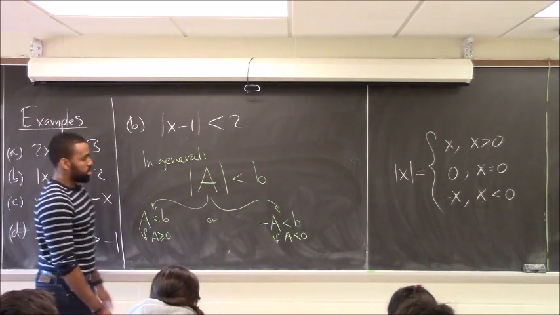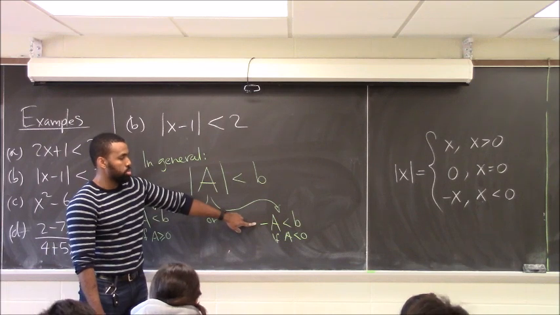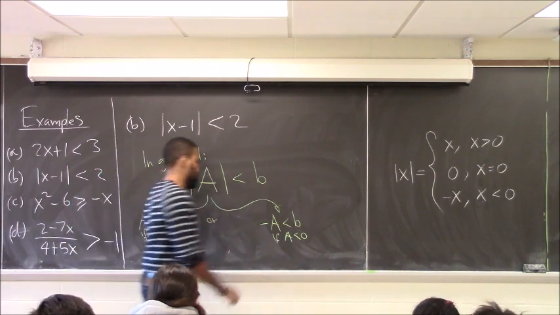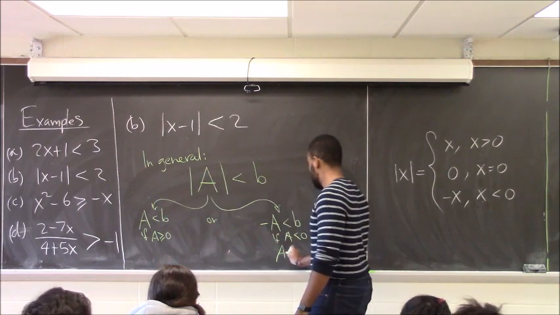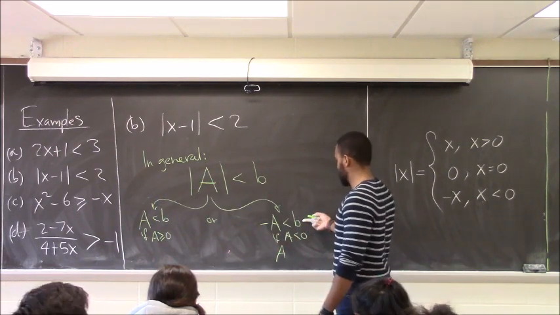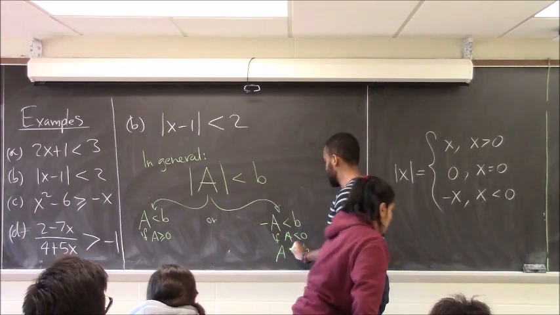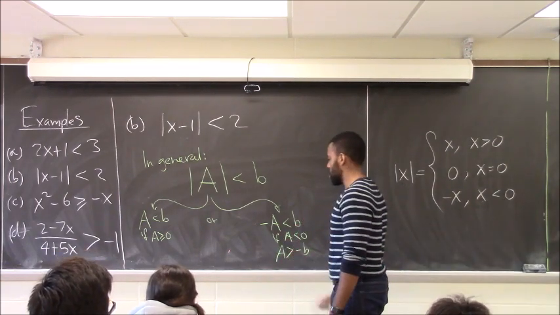Now what this means is, using what we know about multiplying by a negative, if I multiply both sides of this by -1, what's going to happen? What would I get? Well, what's the sign? It's going to turn around.